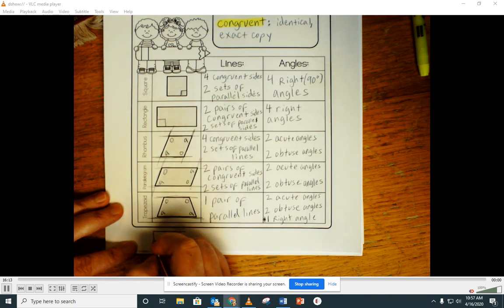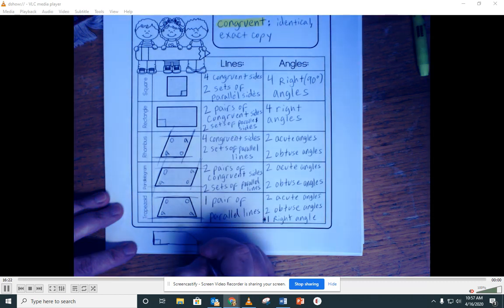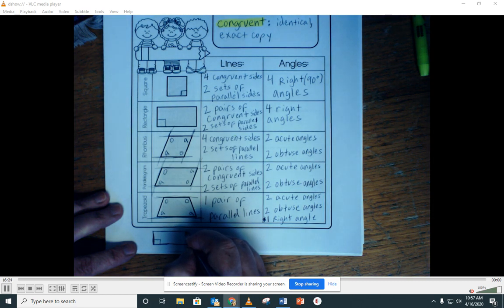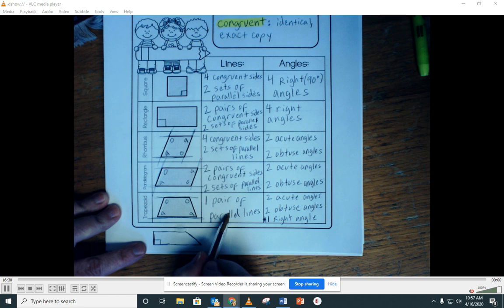And if I connect it here, then I could have a right angle and connect it like this. So that would still be a trapezoid as long as it has a pair of parallel lines. It's still a four-sided shape.